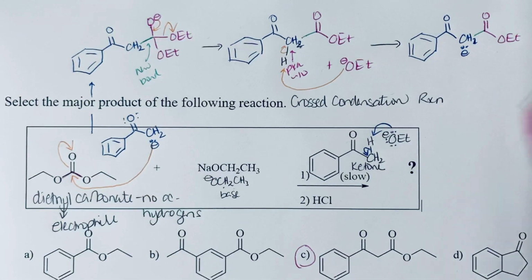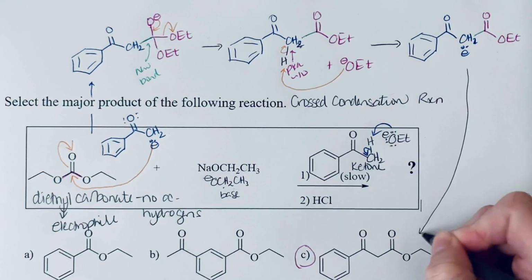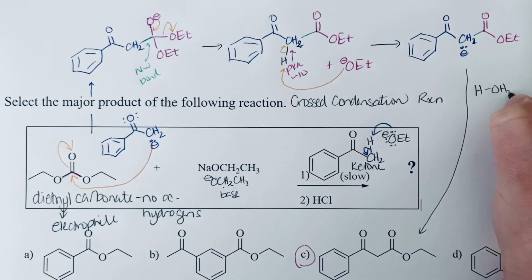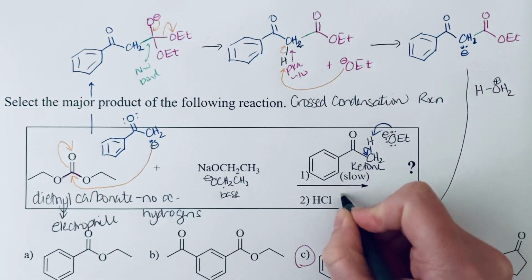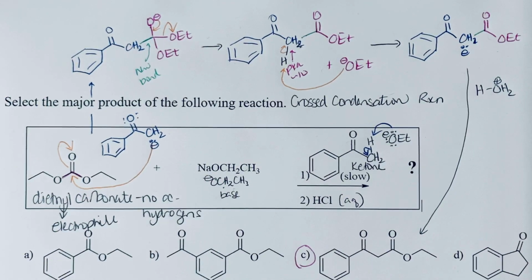And so this is going to be the product after step 1. And then when you treat it with HCl, probably aqueous HCl, then you can go ahead and put that proton back on. Okay, so we'll draw in some H3O plus, which if this is aqueous, and all HCl, unless it's HCl gas, is aqueous, we can grab the proton from here to get to that product.